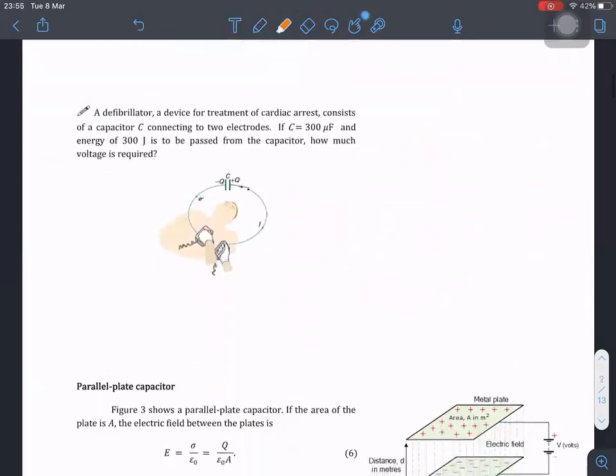Okay, so next example. We discussed a defibrillator, a device for treatment of cardiac arrest.